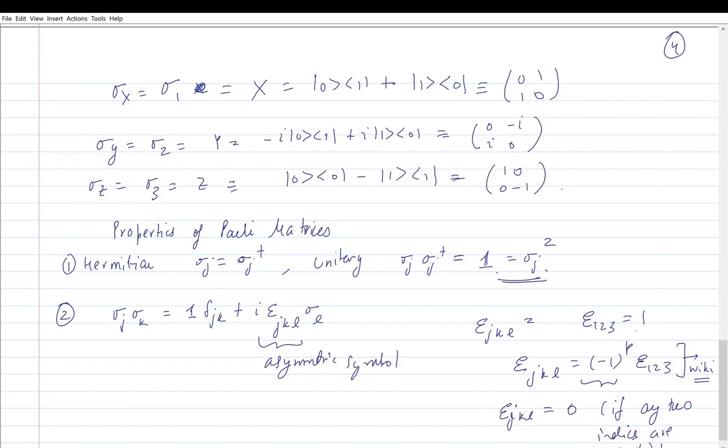So this P is also called the parity of the permutation. It is the number of pairwise interchanges of indices necessary to unscramble into the original order of 1 to 3.